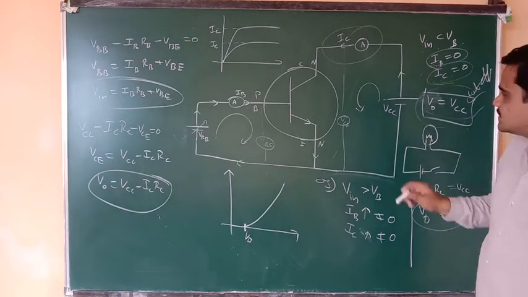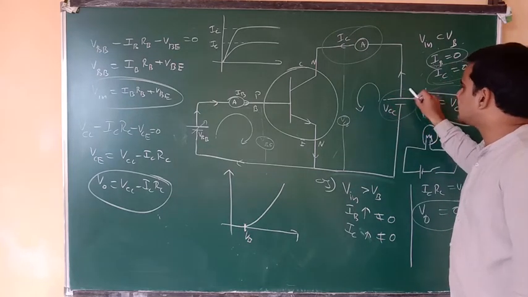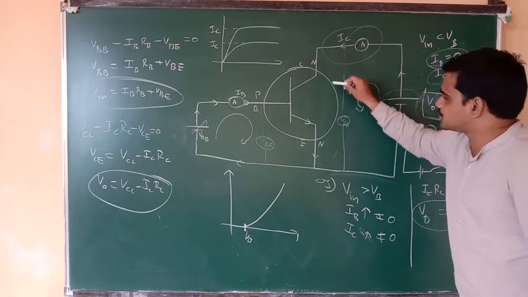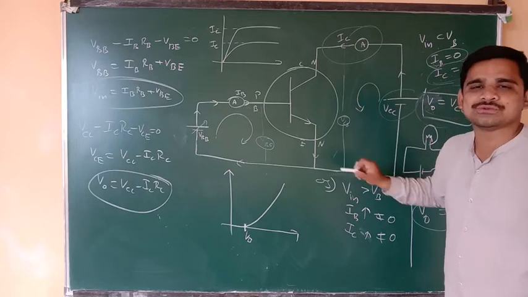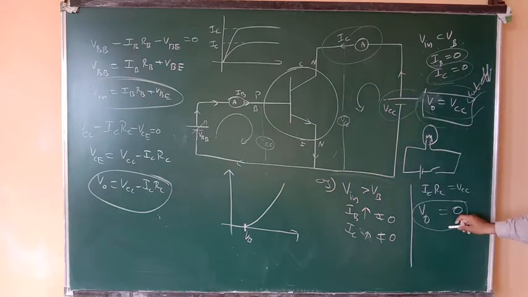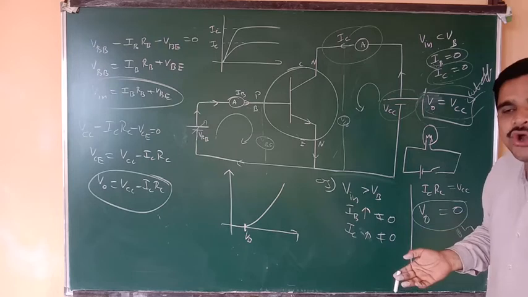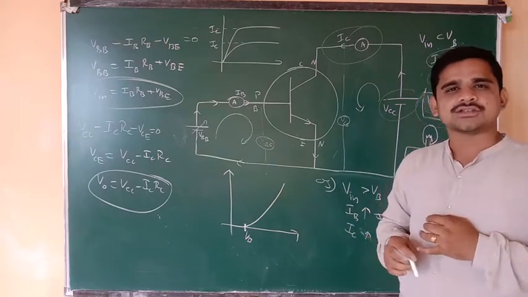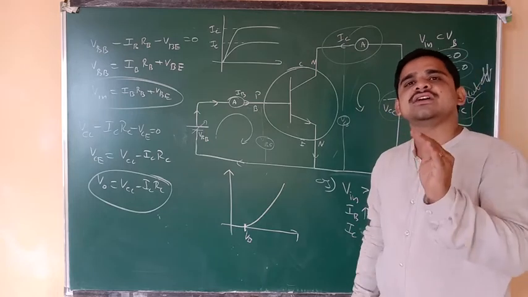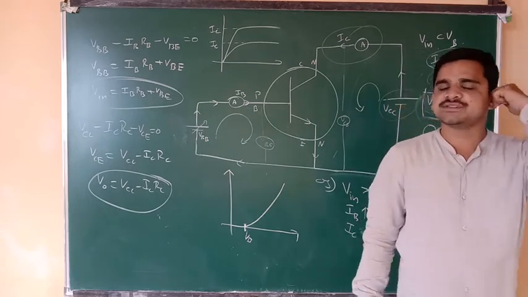See here, the total voltage of the battery has been dropped here, which means there is no potential difference between these two. Total potential has been dropped, which is called the on state. Total potential dropped means current is flowing, and current flowing means on state. Understood? So this transistor can be used in on and off states, that is, as a switch.